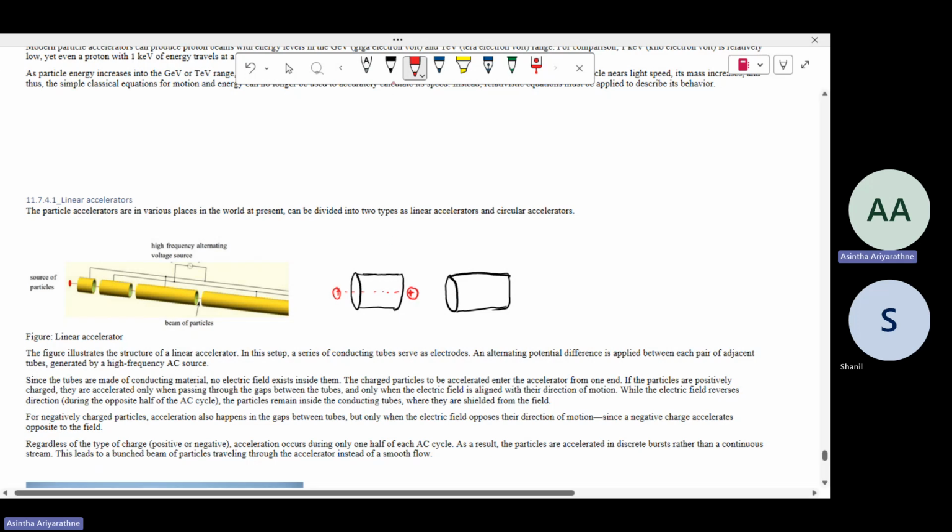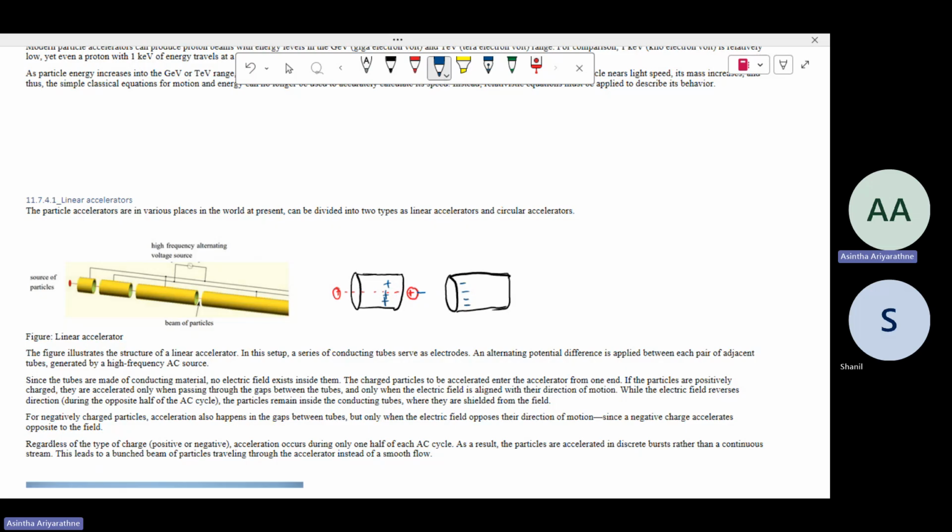When the particle comes to this gap, this electrode is changed to negative charge and this one is changed to positive charge.